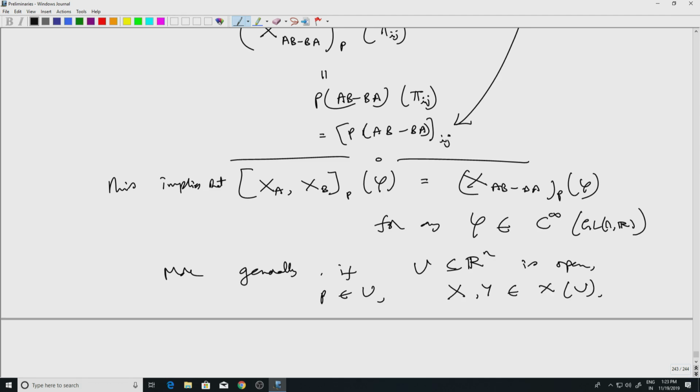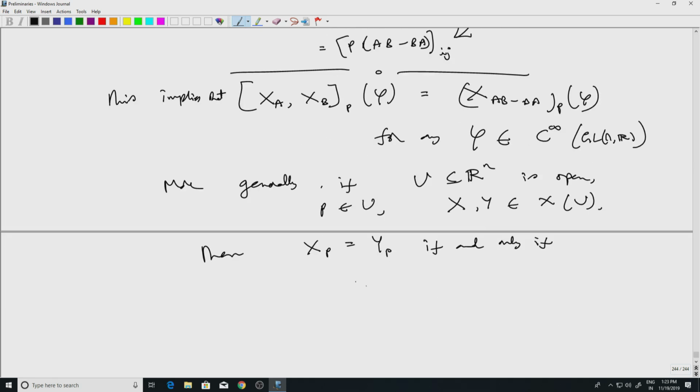If I want to claim that this is equal to this, then if and only if I just have to check that they are equal on the coordinate functions. So if and only if Xp of the projection maps pi i equals Yp of pi i for all i.